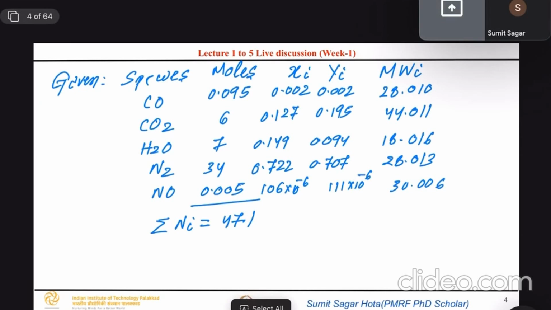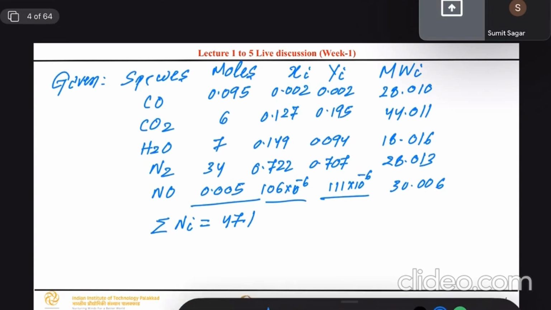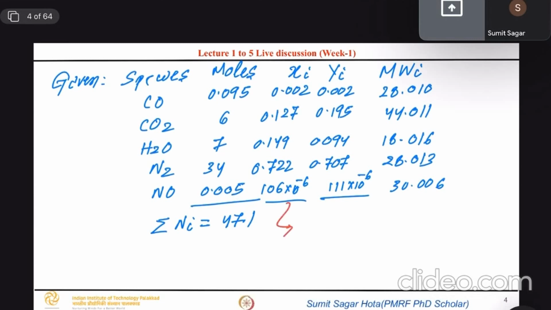When you calculate the total of all these mole fractions, according to the theory it should be equal to 1.